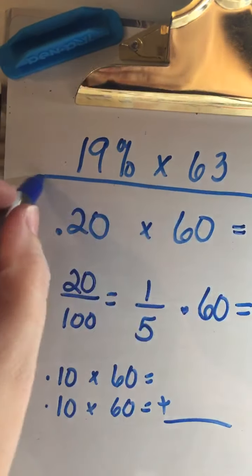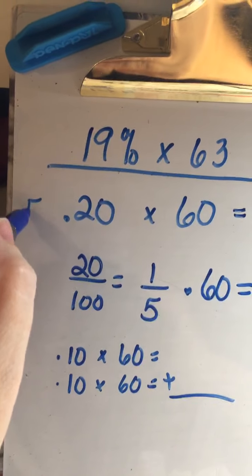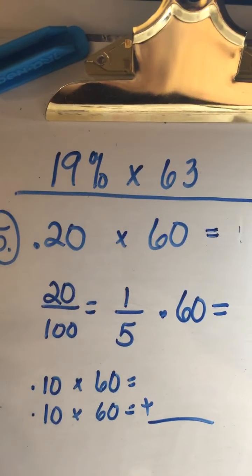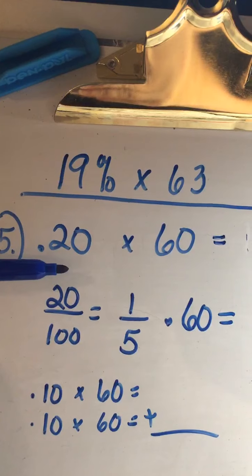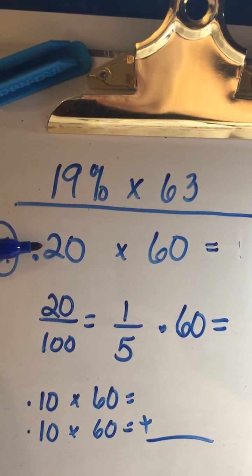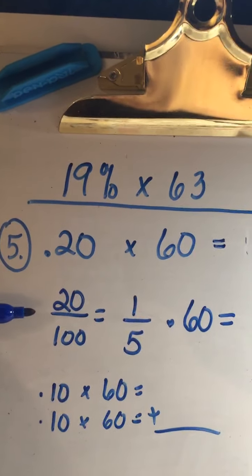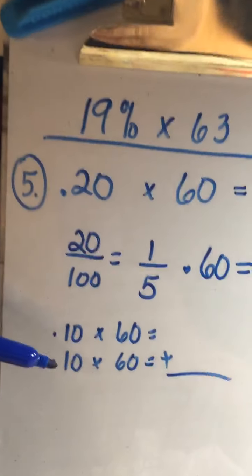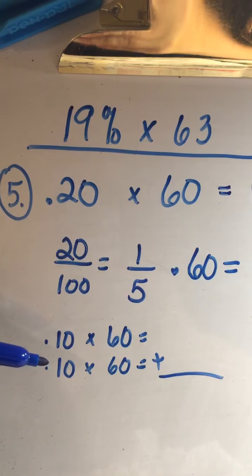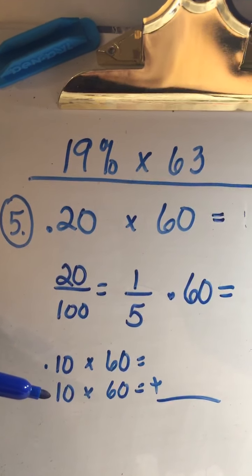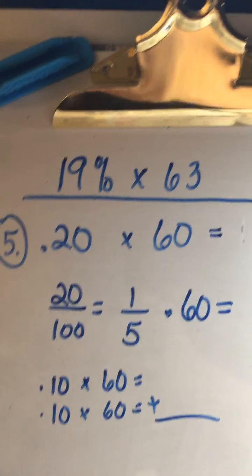What I want to see on your paper for number 5, or on the assignment page if you want to do it right there, that's fine too. But I want to see this written out with the answer, or this way written out with the answer, or this way written out with the answer. Okay, I do not want just the answer. And that's for numbers 5, 6, and 7. For those 3, I want to see your work and I want the answer. Okay?